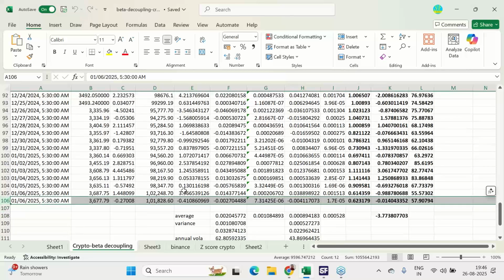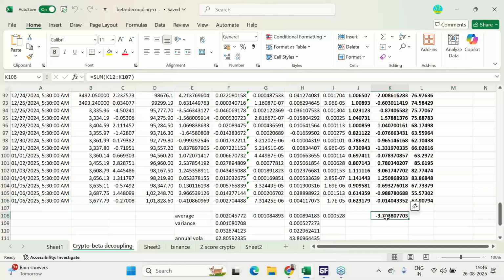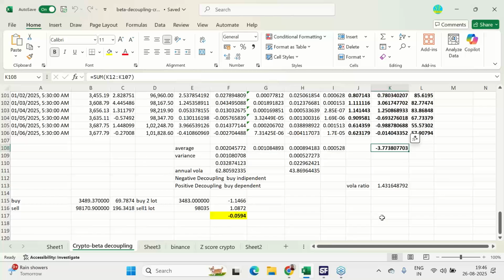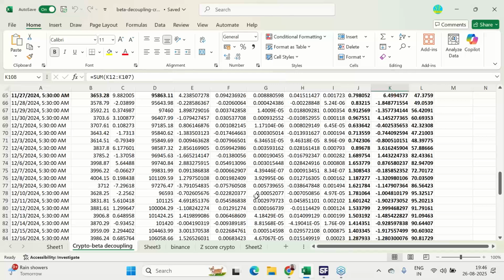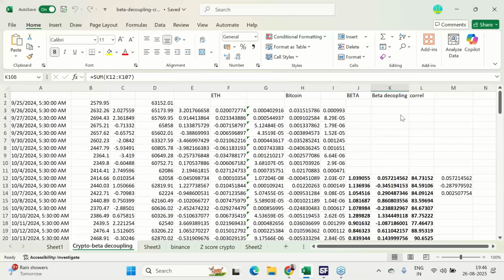On 7th of January, we had a negative beta decoupling. Then I told that negative decoupling means the buy should be independent, sell should be dependent. Here ETH was independent and BTC was dependent, and the data was taken from 25th September 2024.